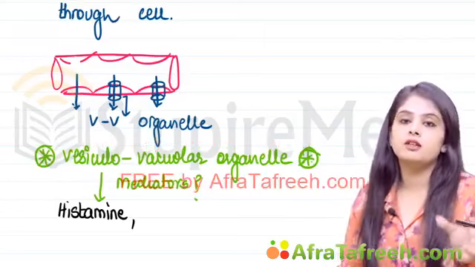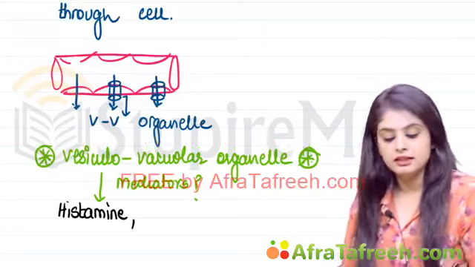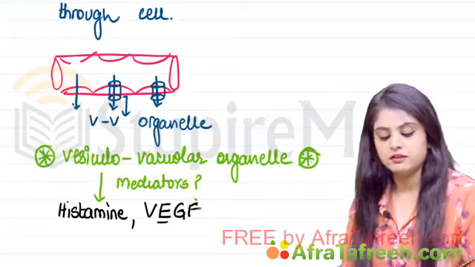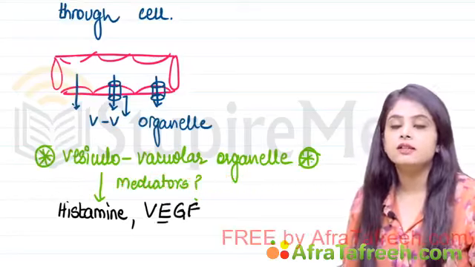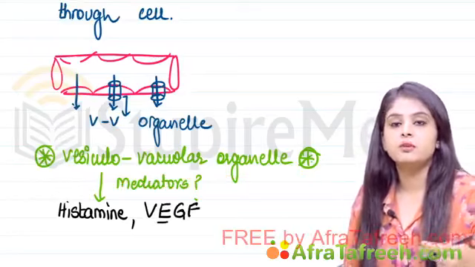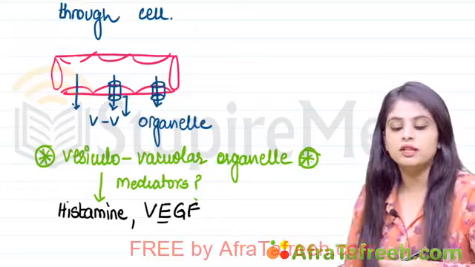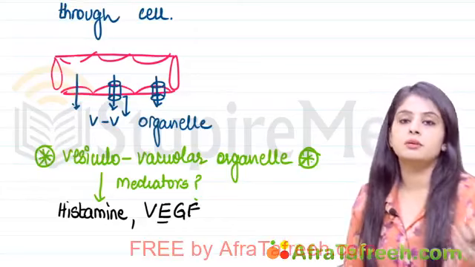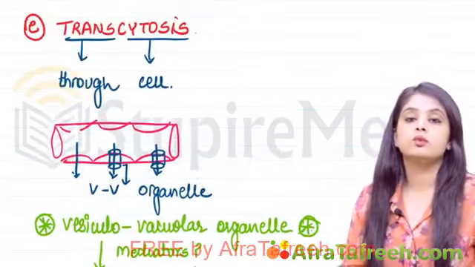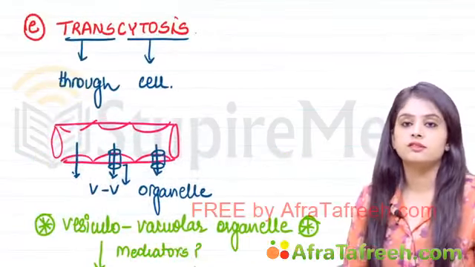So the name of the factor should also have endothelium in it. That is vascular endothelial growth factor. So these two mediators will result in the formation of vesiculovacuolar organelle and the vascular permeability will increase. So students, this entire thing is known as transcytosis.